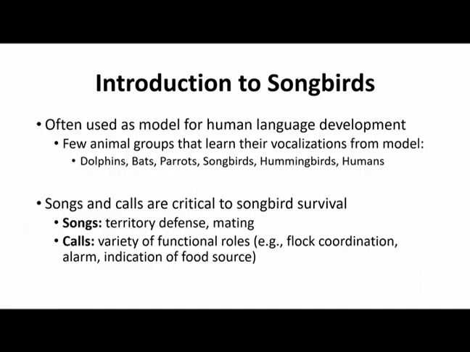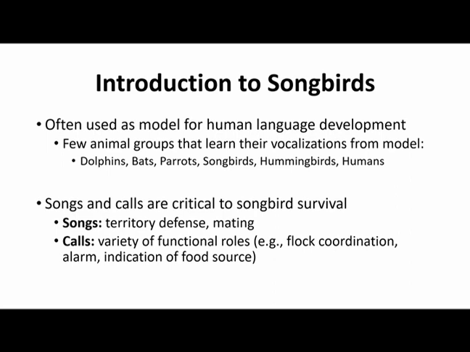So why do we care about songbirds? Why do I like them so much? Songbirds are often used as a model for human language development. Songbirds have this very interesting trait where they learn their vocalizations from a model.